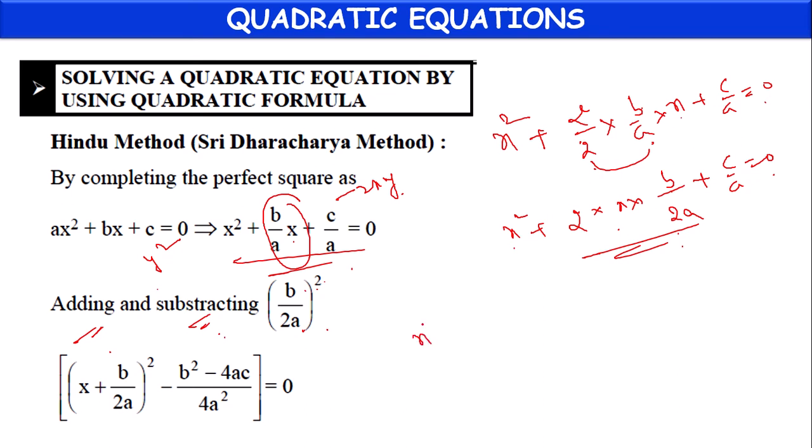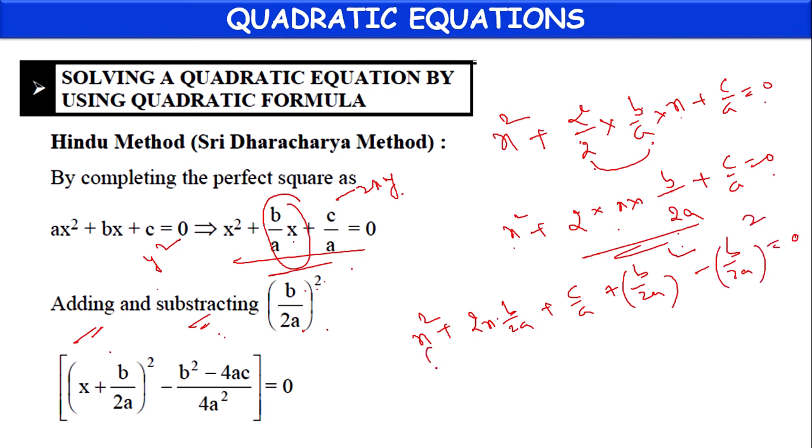So what we will do, x square plus 2x b by 2a plus c by a plus b by 2a whole square minus b by 2a whole square. Like this we will write. This first one, second one, third one, these three are in the form of a plus b whole square, where a is x, b is b by 2a.